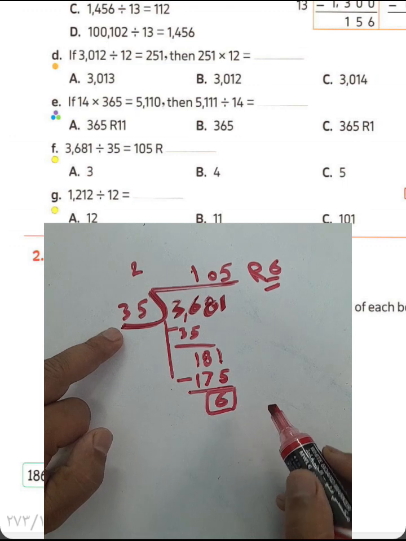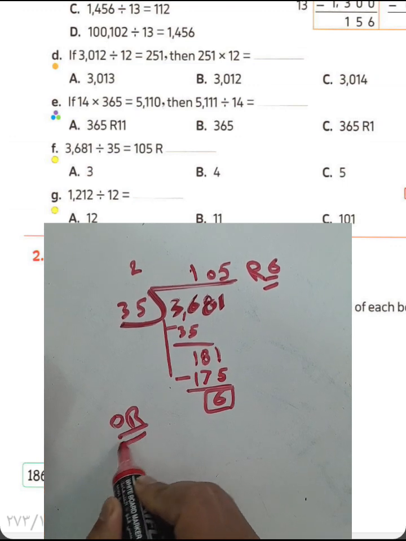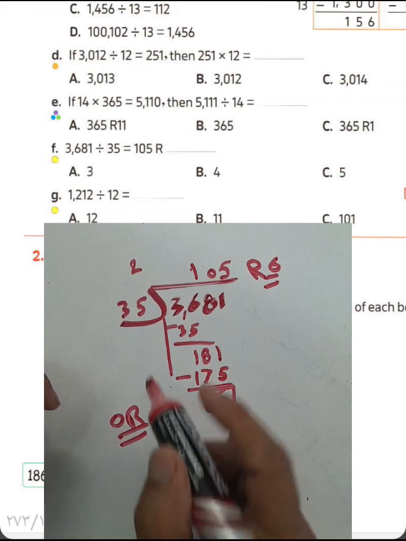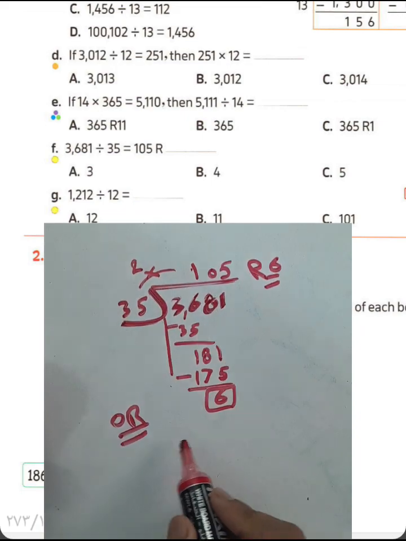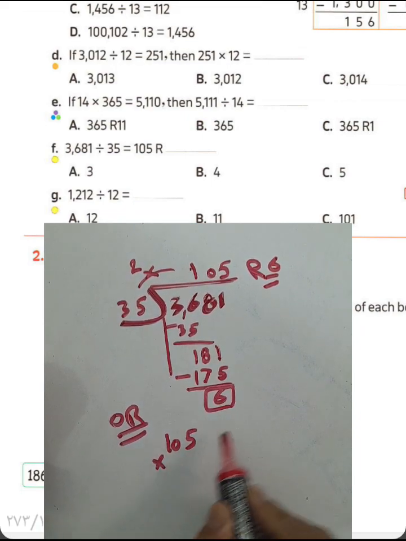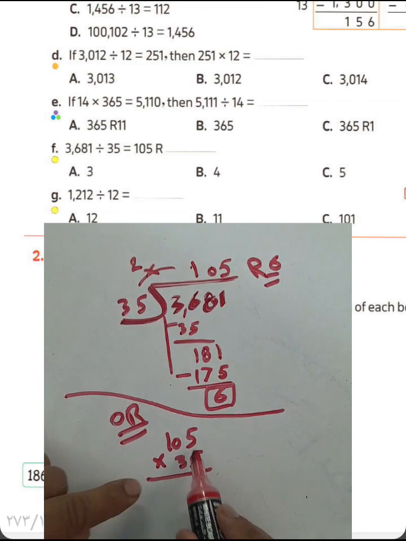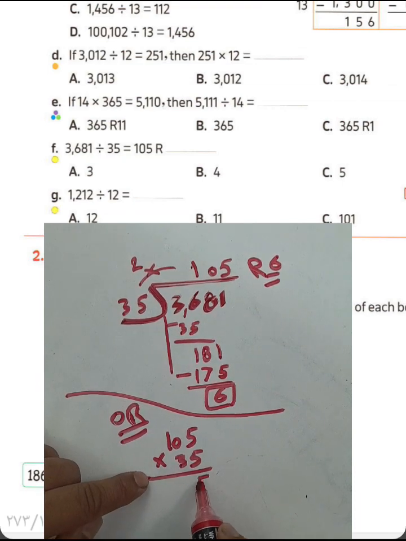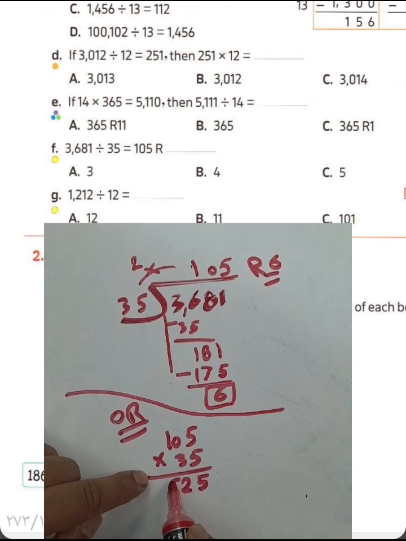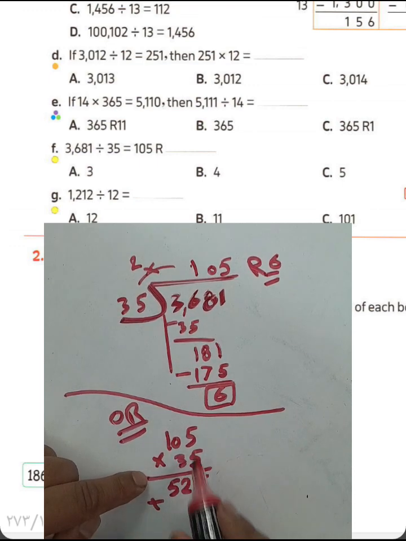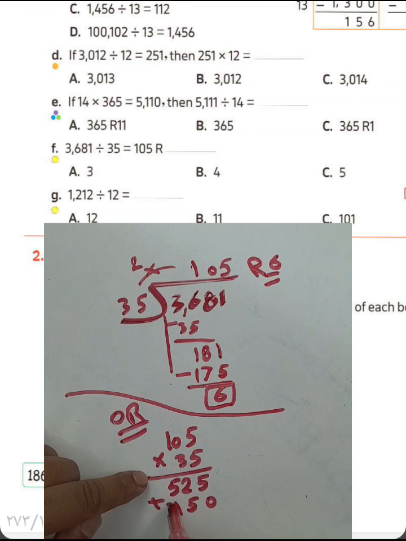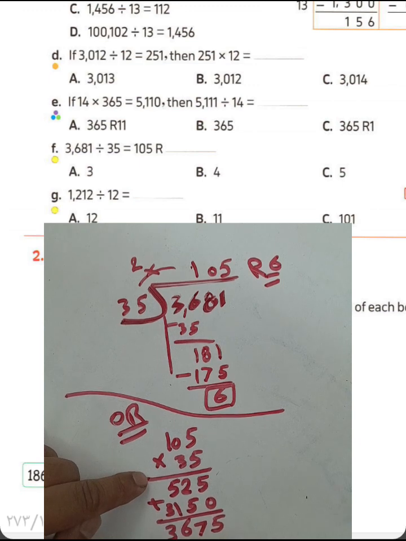Okay, or you can solve this example by another method, by multiplication. The two numbers here: 105 times 35. 5 times 5 equals 25. 1 times 5 equals 5 plus 0. 3 times 5 equals 15, and 3 times 1 equals 3. 0 plus 5 equals 5. 5 plus 2 equals 7. 5 plus 1 equals 6. And drop 3.